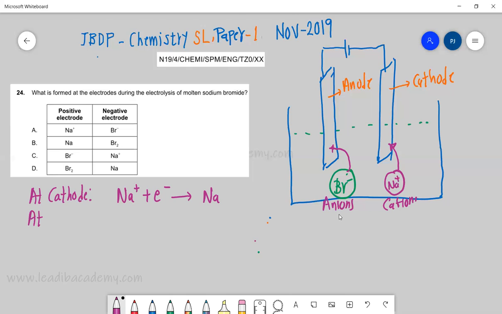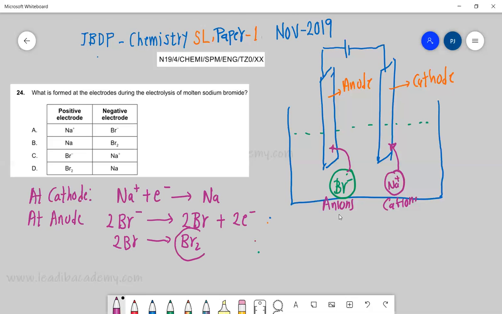And at the anode, Br minus, as a matter of fact, we will consider two Br minus losing electrons. They will lose two electrons, overall one each, and these two Br atoms will combine and generate bromine.